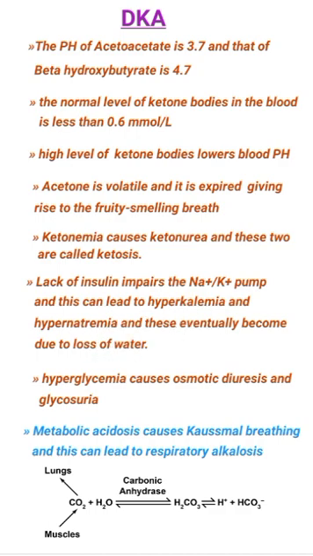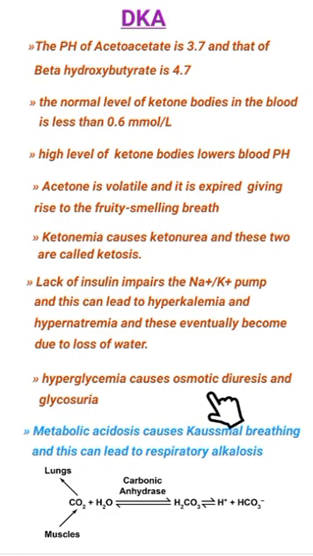But these electrolytes can be excreted through urine because, like I said, a high level of glucose will lead to loss of water. When water is being lost, even electrolytes will be lost. As a result, from hyperkalemia, we are going to have hypokalemia. Okay? So this is what happens.